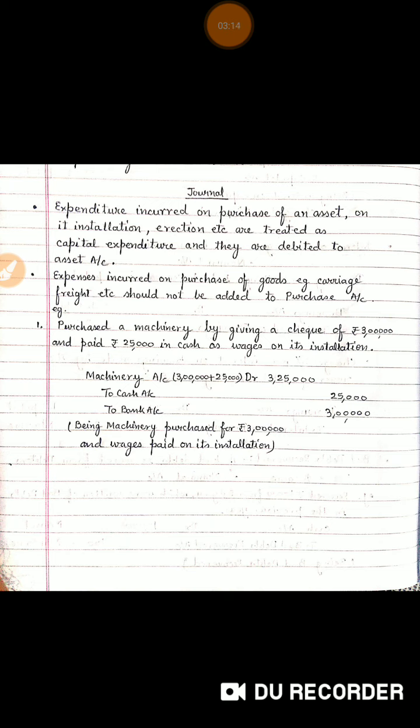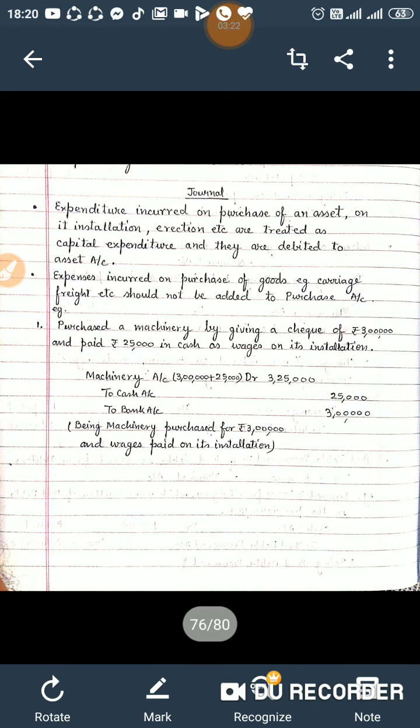For example, suppose you have purchased a machinery of rupees 1 lakh, you have paid carriage rupees 10,000, registration charges 10,000, and unloading charges of machine at your factory 5,000.